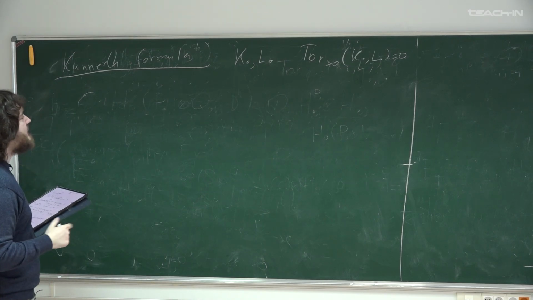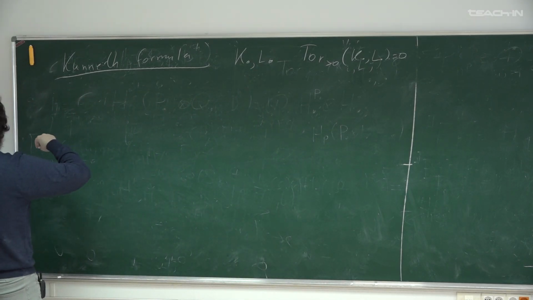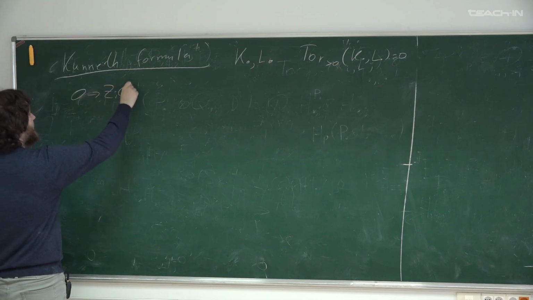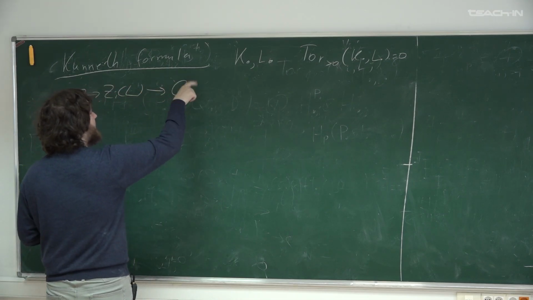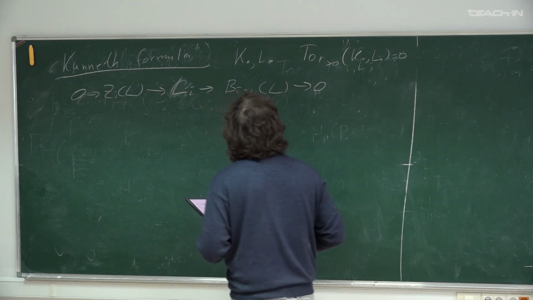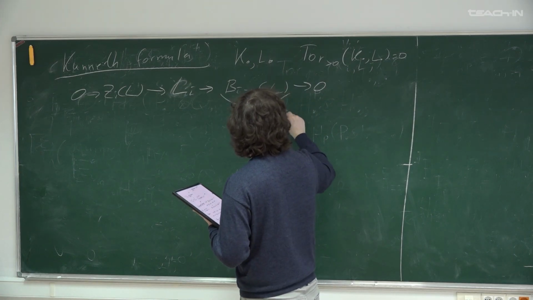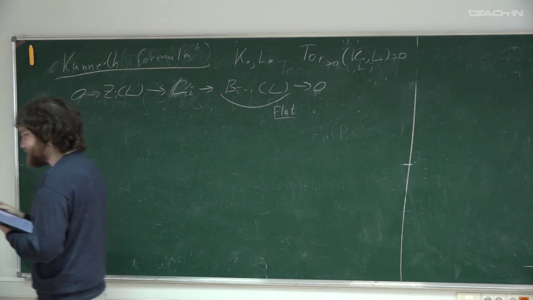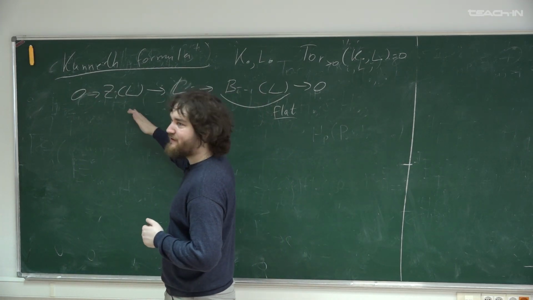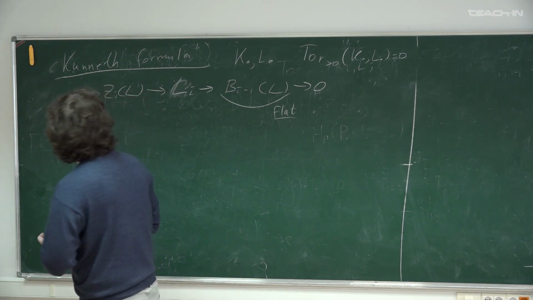And let me assume additionally that, for example, for one of these complexes, for example L, I have cycles of L and boundaries of L. Let me assume that these modules are flat, and if I assume that this module is flat, then the flatness of these two modules is equivalent, because if one of these is flat, then the third, from the two others, as we discussed before, is flat.